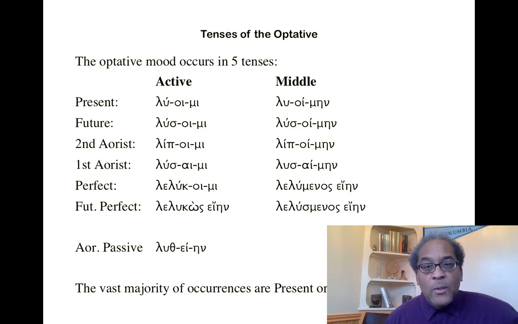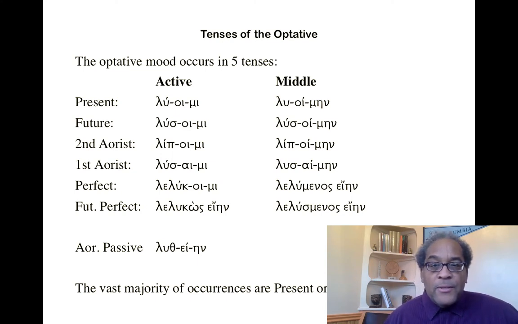And likewise, lusoimi, you see the verb stem of the future, and you see the iota again. The second aorist, leipō, you have lipoimi, and so there again, you see the iota before the ending.